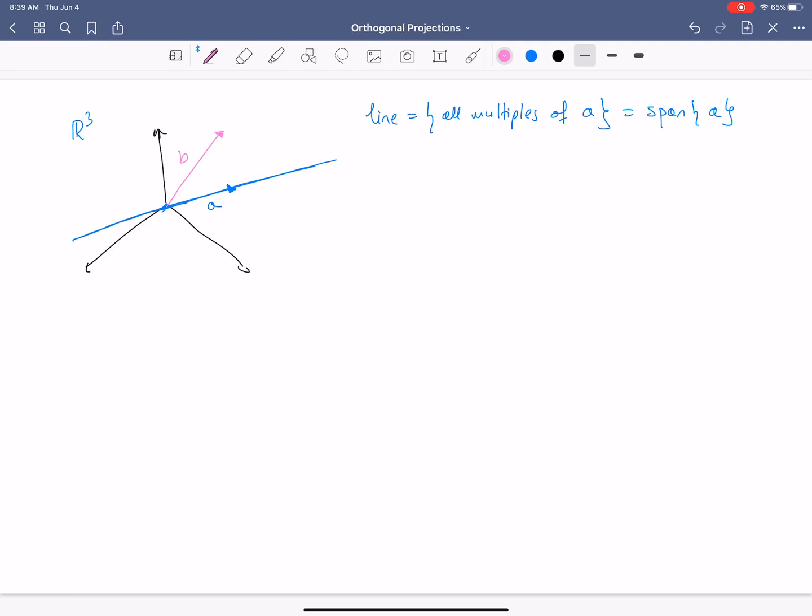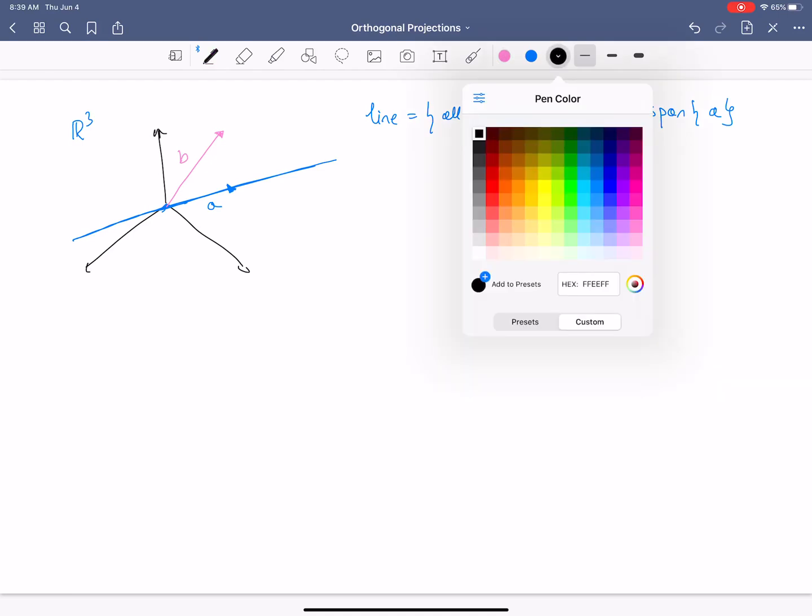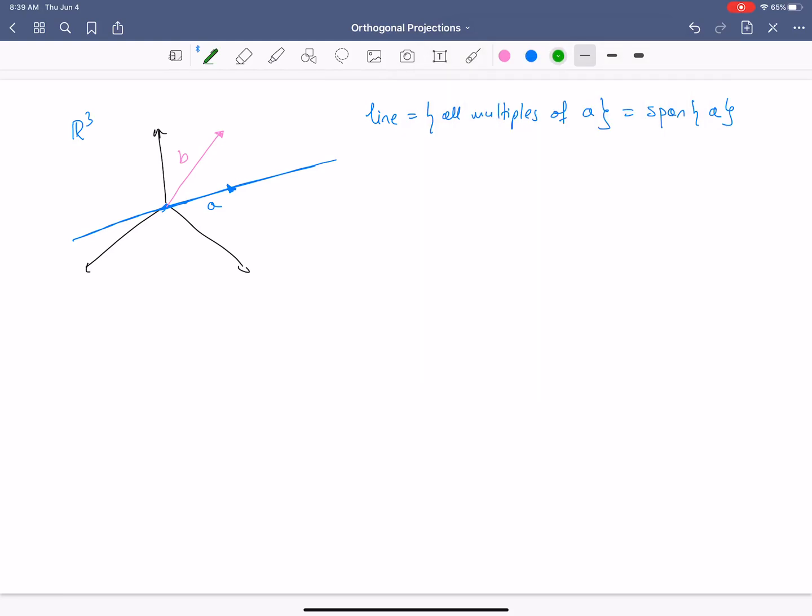I'm going to use another color here for the error. So this is how we project. You've seen this in calculus, high school, many times. We project at an angle of 90 degrees. This over here is not part of the projection.